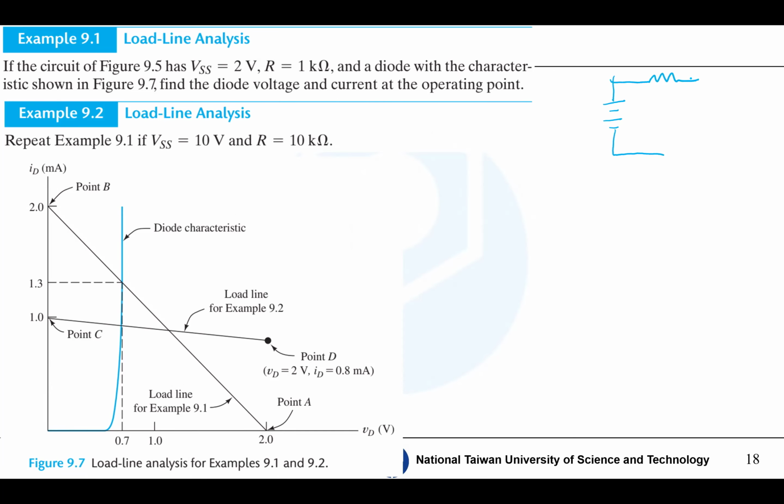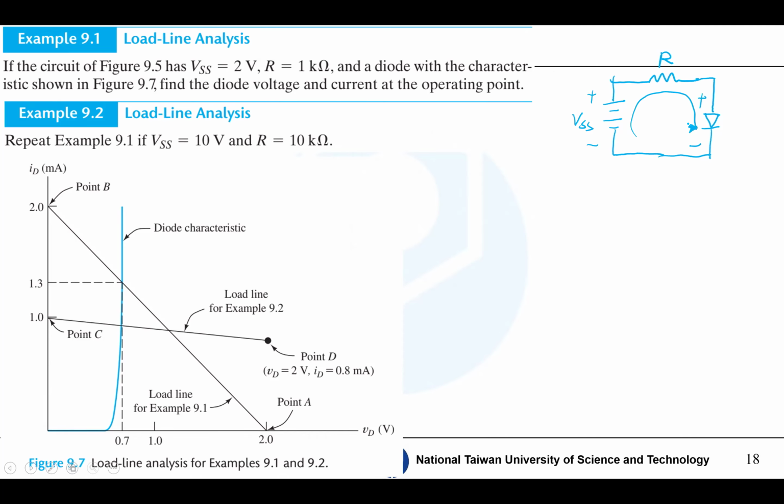So we have R, and then we have a diode, and you need to pay attention to the direction. We always define the base of the triangle as the anode and the point of the triangle as the cathode. And this is positive, negative, VSS.